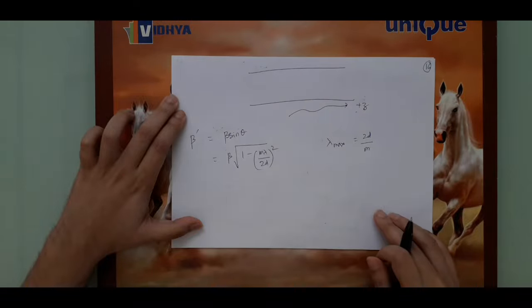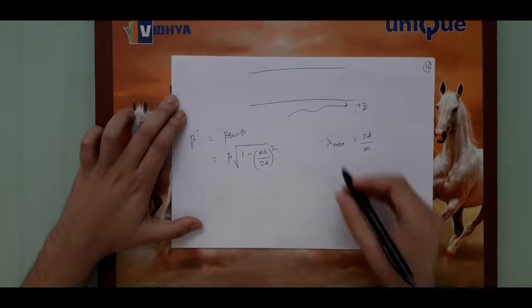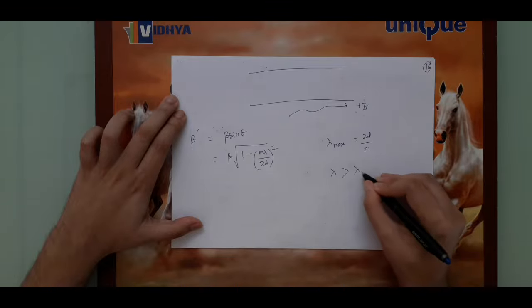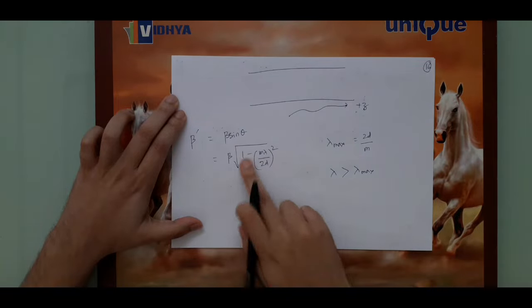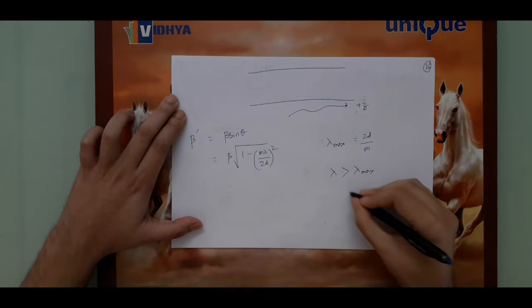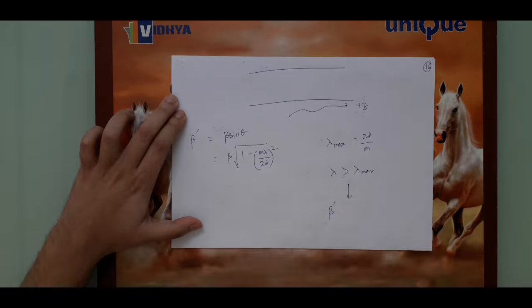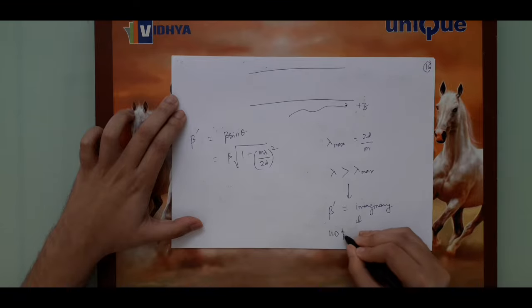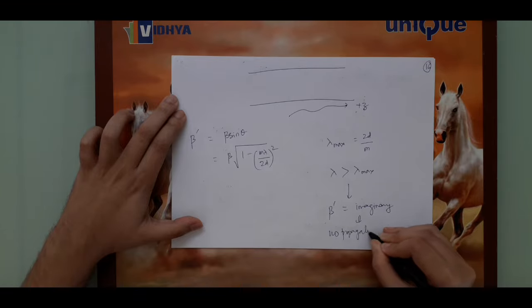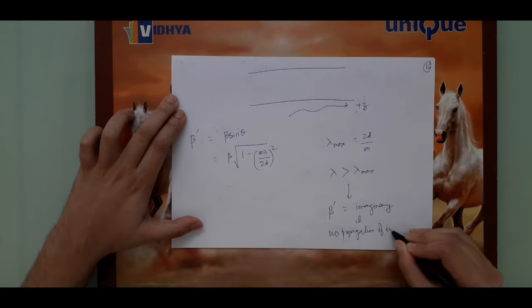So lambda max is 2d by m. So if lambda becomes more than lambda max, what happens? This term essentially becomes more than 1 and beta becomes imaginary. So this means no propagation of energy.